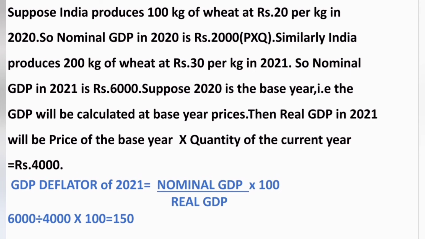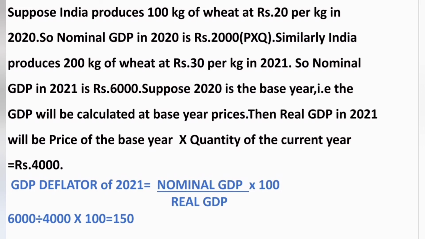That is, 2020 is the base year. So when GDP is calculated at a base year price, real GDP in 2021 will be price of the base year, that is 20 rupees, into quantity of the current year. How much is the current year quantity? That is 200. So 200 into 20, 4,000.